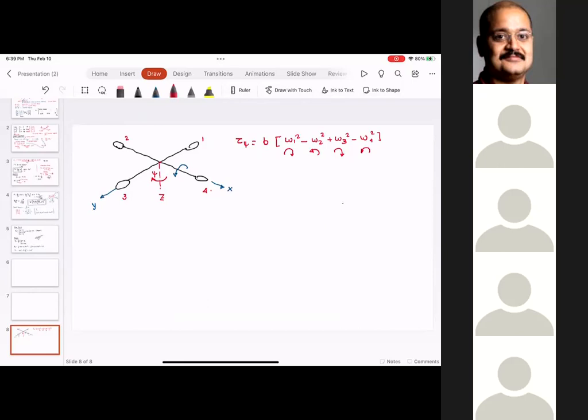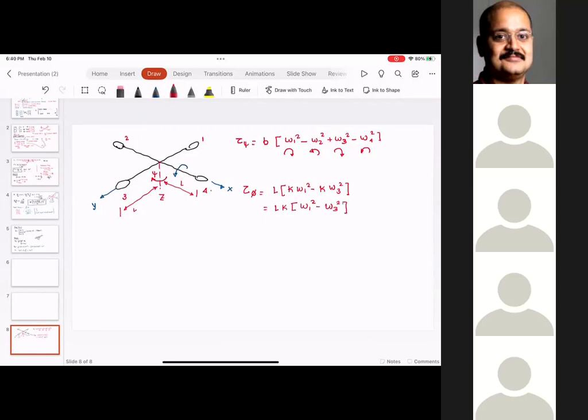So torque in the roll direction is equal to a constant L, which is the distance from here to here, which is the same as the distance from here to here, multiplied by k omega 1 square minus k omega 3 square. So this equation is L k times omega 1 square minus omega 3 square. This is the torque. Question?